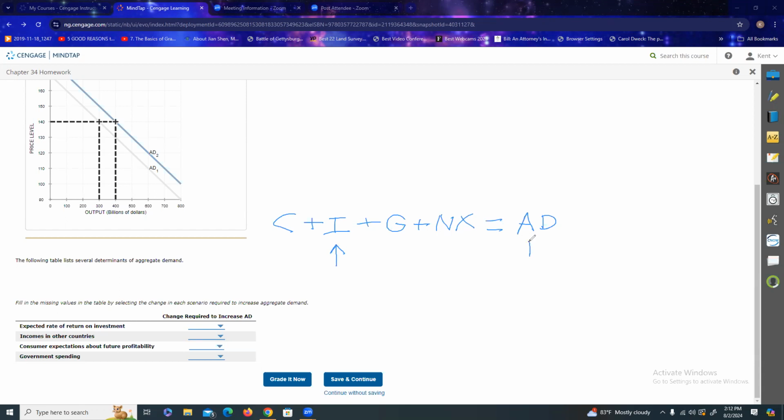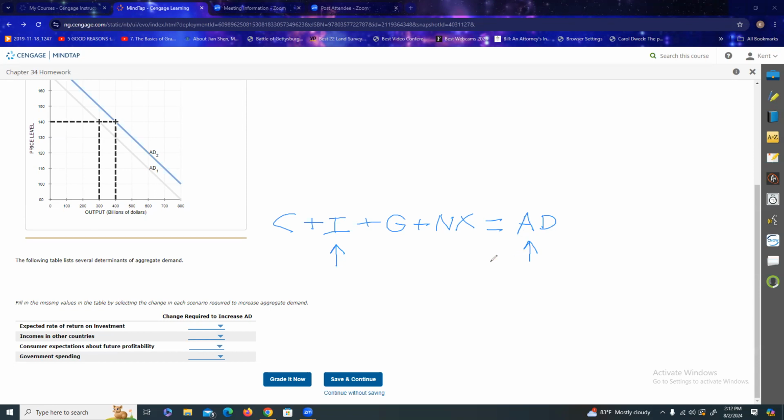And that will increase aggregate demand, meaning shift to the right. Investment's a component of aggregate demand, therefore it moves to the right.